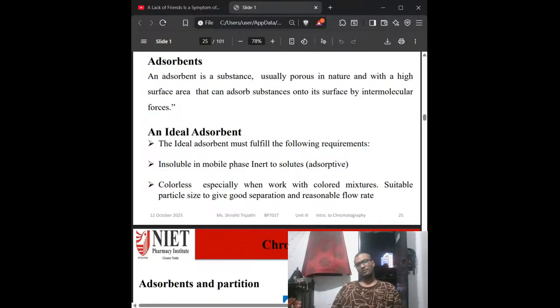So it should have a good particle size to give a reasonable flow rate and a good separation.